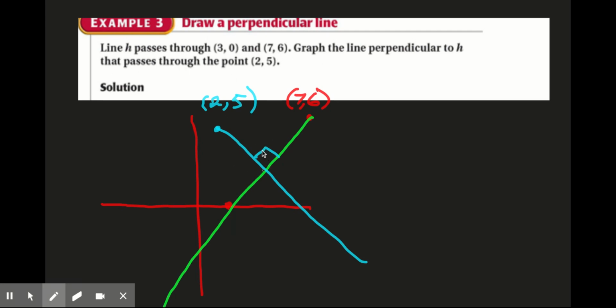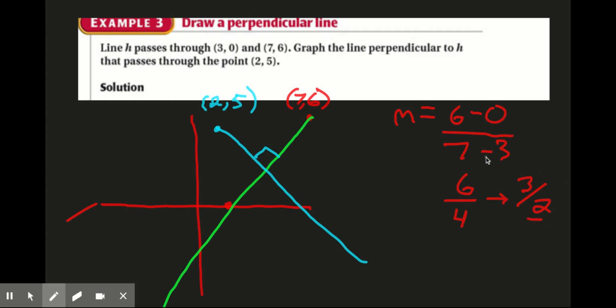Well, first I'm going to need to figure out what is the slope of my red line, right? Change in y over change in x. So I went from 6 to 0, from 7 to 3. That's 6/4, which simplifies. This is a case where it does simplify to 3/2.